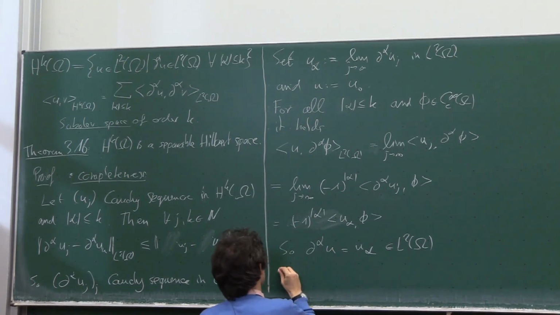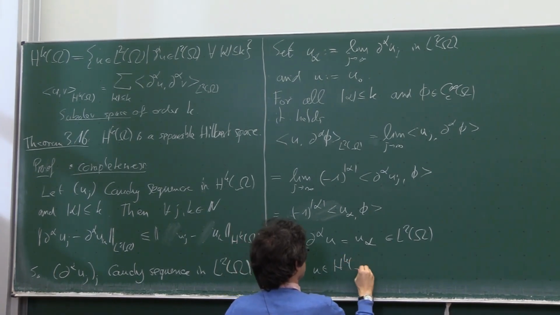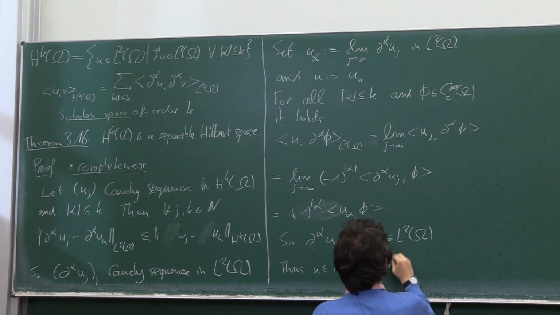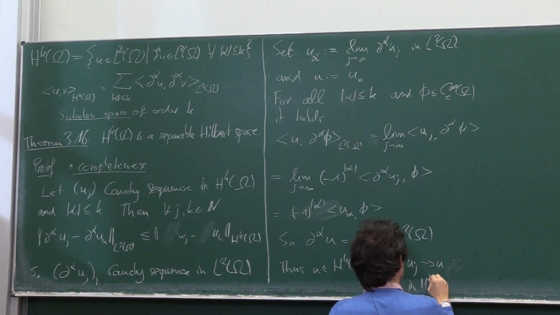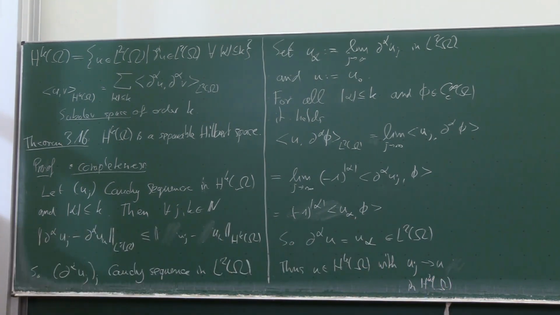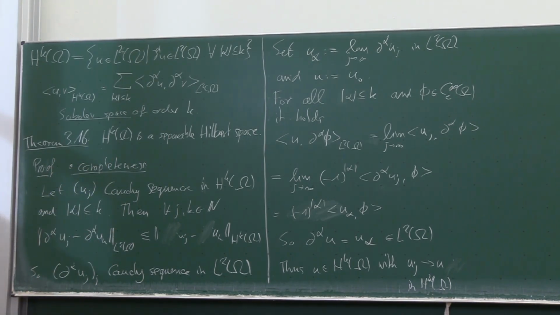And this means that our function u is in Hk, and that uj converges to u in Hk, because every derivative of uj converges to the corresponding derivative of u, and then you can just plug these together in the norm. Okay, so we have completeness.